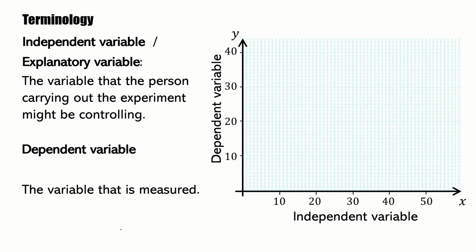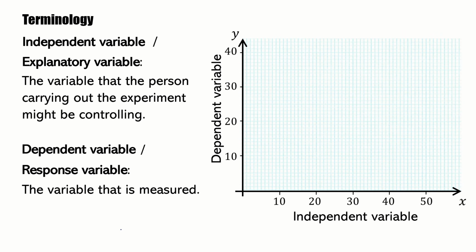The independent variable is sometimes called the explanatory variable, and the dependent variable is sometimes called the response variable, and this is starting to get into the sort of situation where you know one of the things is causing the other thing, because then it makes sense why you call them these two new names, because you're talking about the variable that's causing the change being the explanatory variable, and then the other variable is responding to what that first variable is doing, hence why it's called the response variable.